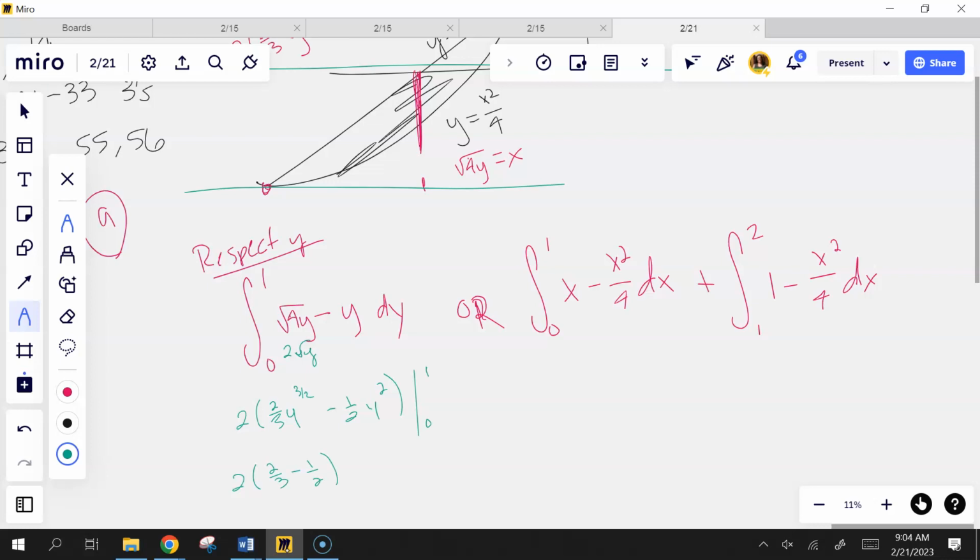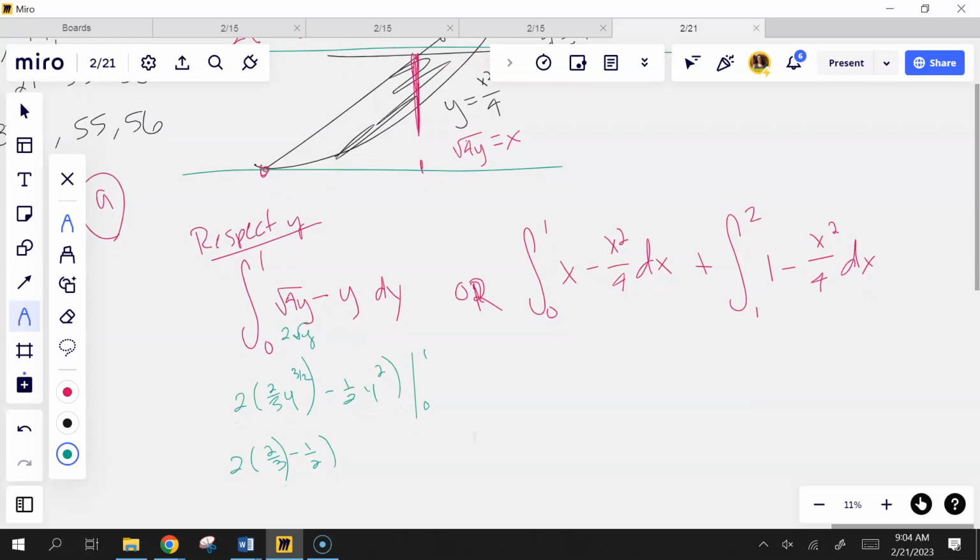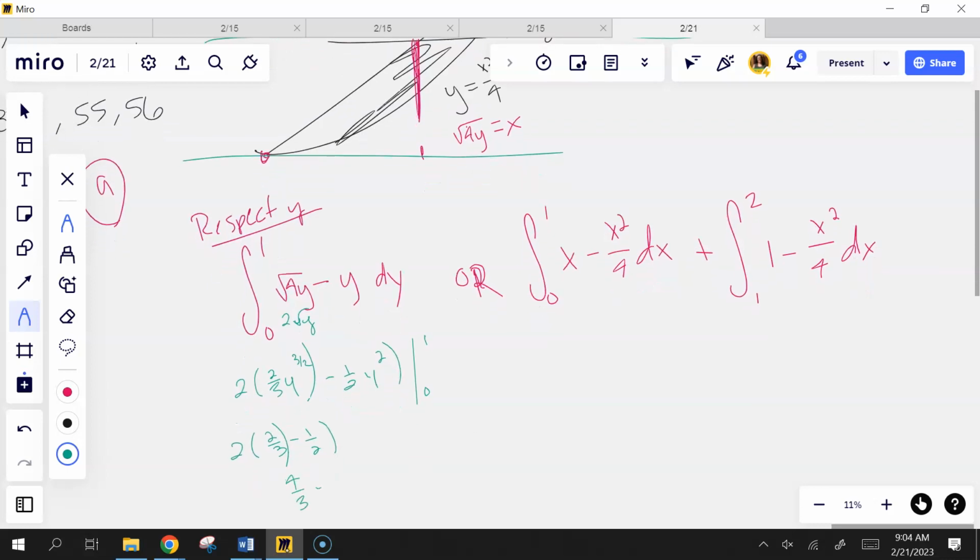Do I have to do 2/3 minus 1/2 again? Yes. No, no, just here. Yeah, should be 4/3 minus a half. Well, then what happens when you do it with respect to x? I'm wondering if that square root.